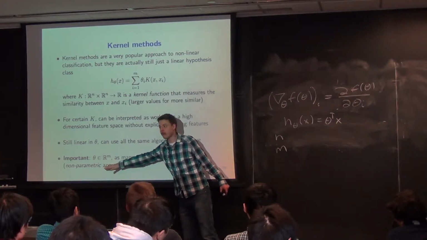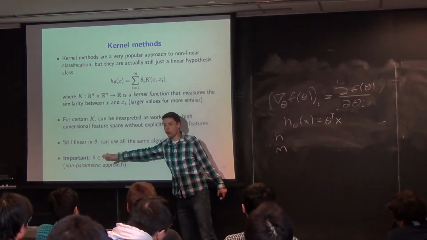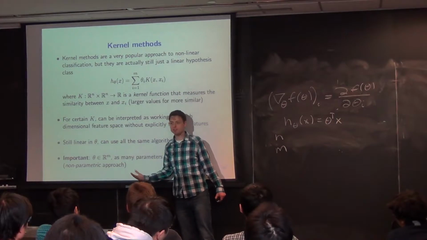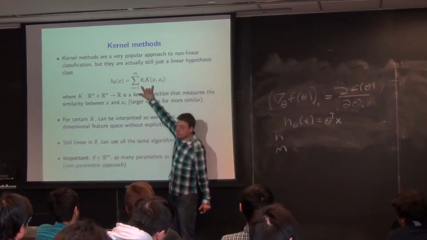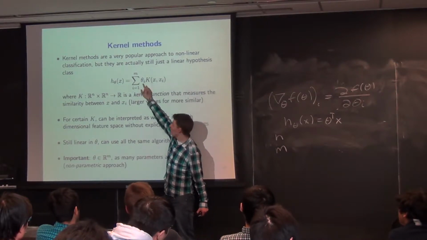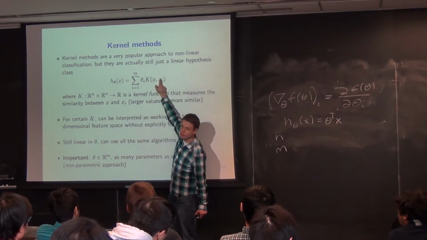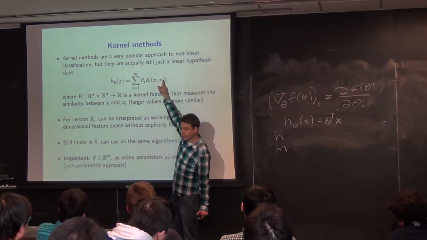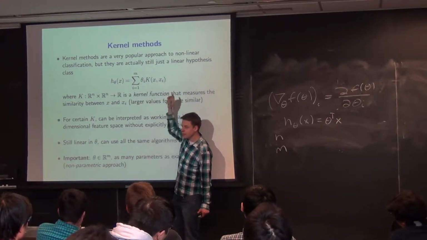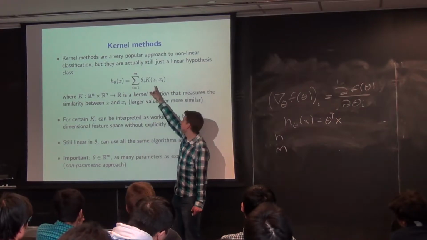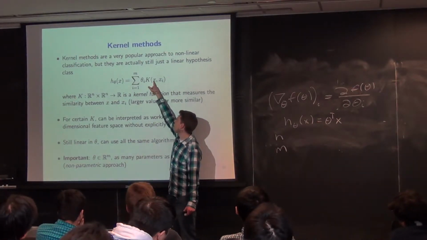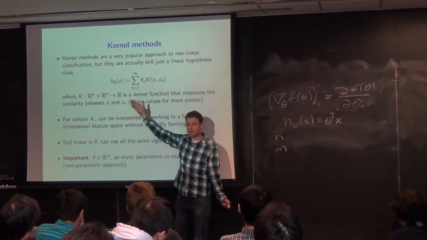So things like overfitting might become more relevant, and we need to be careful about regularization. But more importantly, to compute this function, we need to keep around all our examples. All our training data, we have to keep with us. Because to compute a hypothesis, we have to actually compute some of this kernel between our x's and our examples.